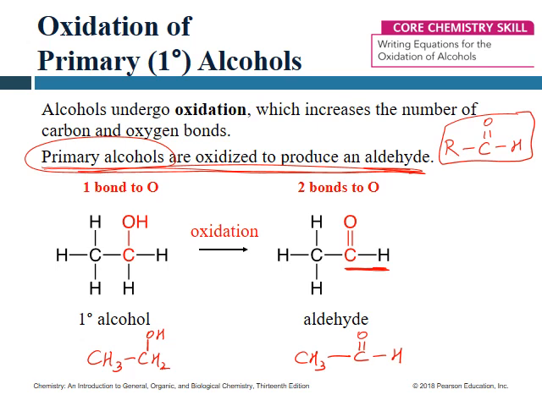One hydrogen from here and one hydrogen from this carbon, the same carbon, are going to be lost, and it would form a double bonded oxygen. So this had 3 hydrogens. One of these hydrogens and one of these hydrogens are lost, and this carbon and oxygen are going to form a double bond with each other. That is oxidation.